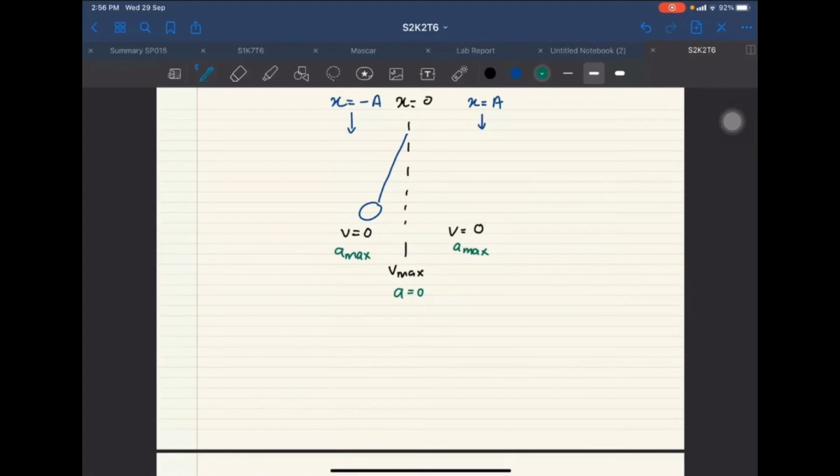Kinetic energy, 1/2 mv square. Okay, considering that the mass doesn't change for this pendulum kan, so the only factor that is affecting the K is actually the V, betul tak? Velocity je yang effect daripada kinetic.